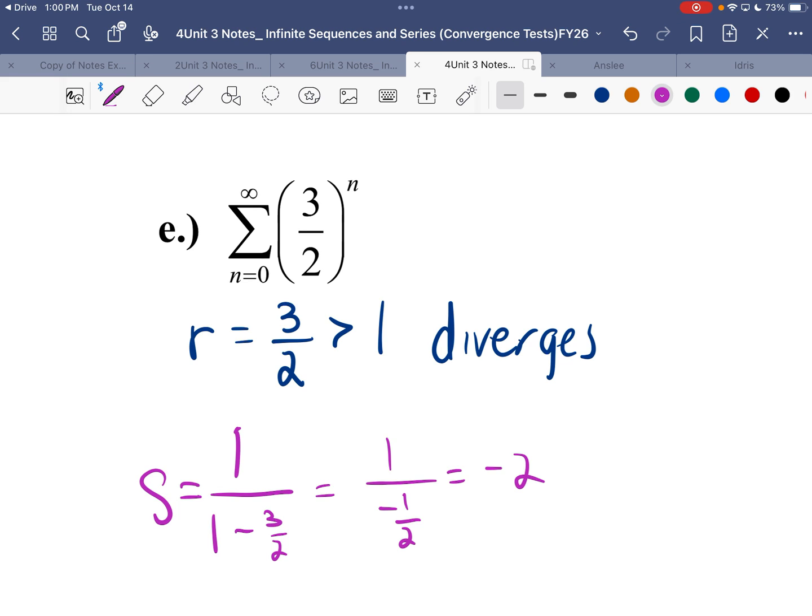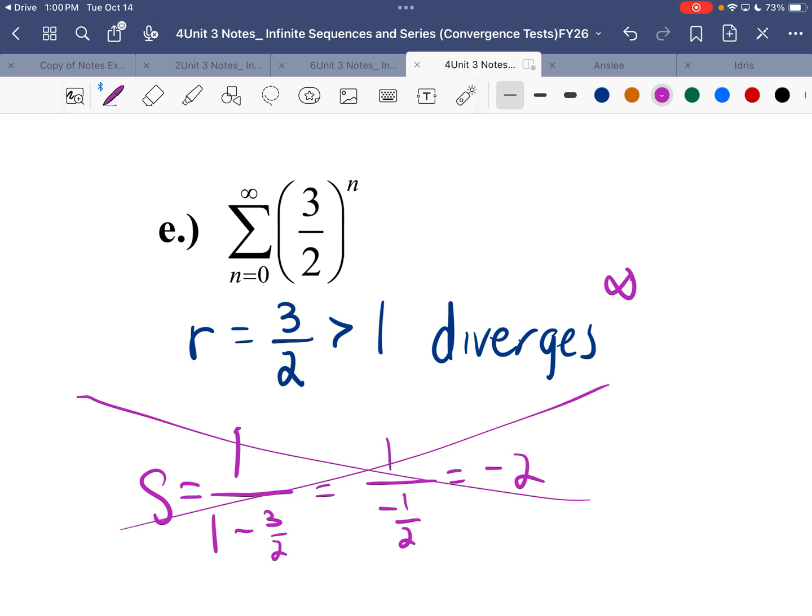No, it diverged. In this series, you're going to have 3 halves plus 9/4 plus 27/8 plus 81/16. It's getting bigger and bigger, and you're adding on numbers that are growing. It's going to infinity. So this means nothing, even though you can plug into a formula and get a number.